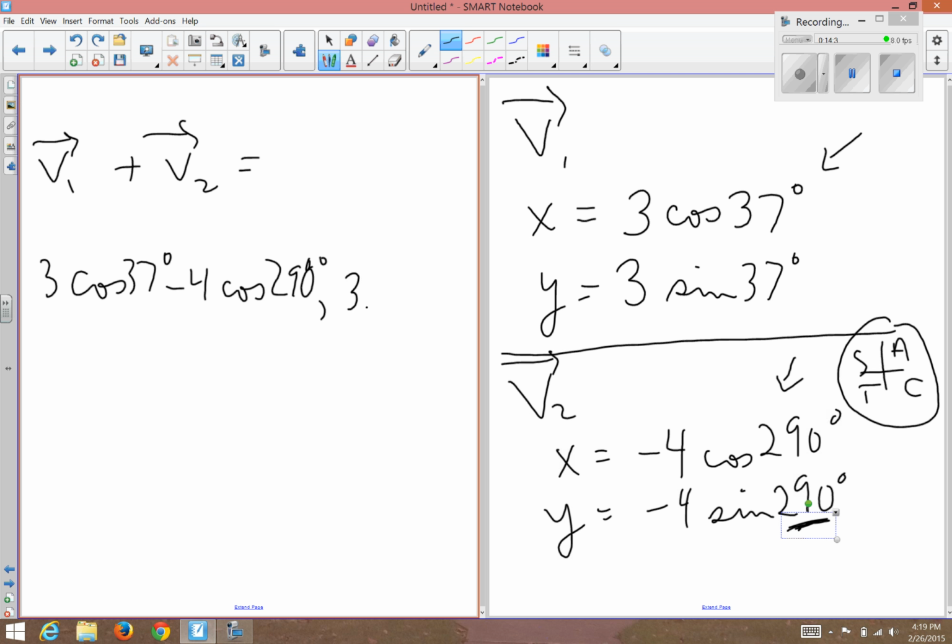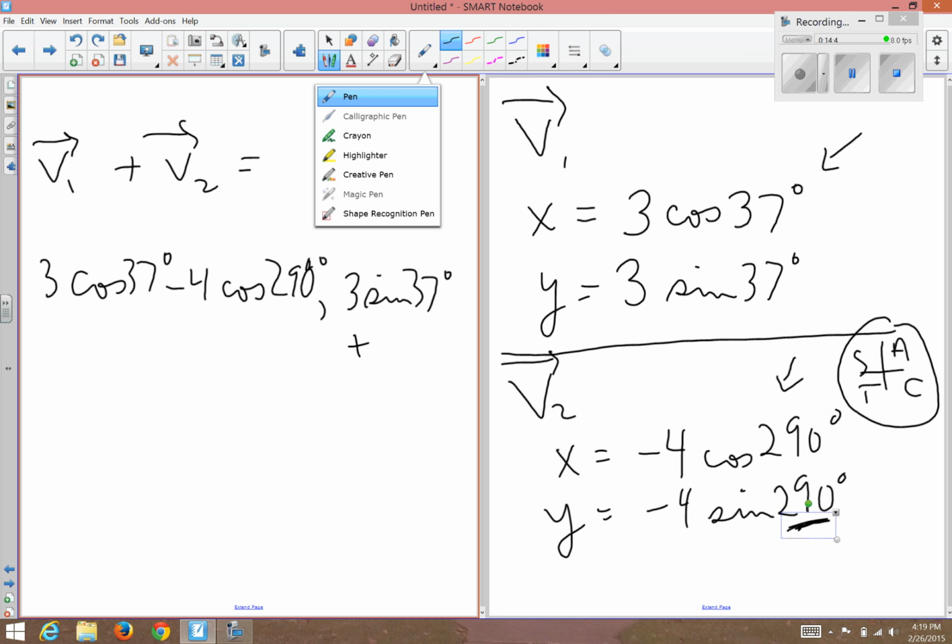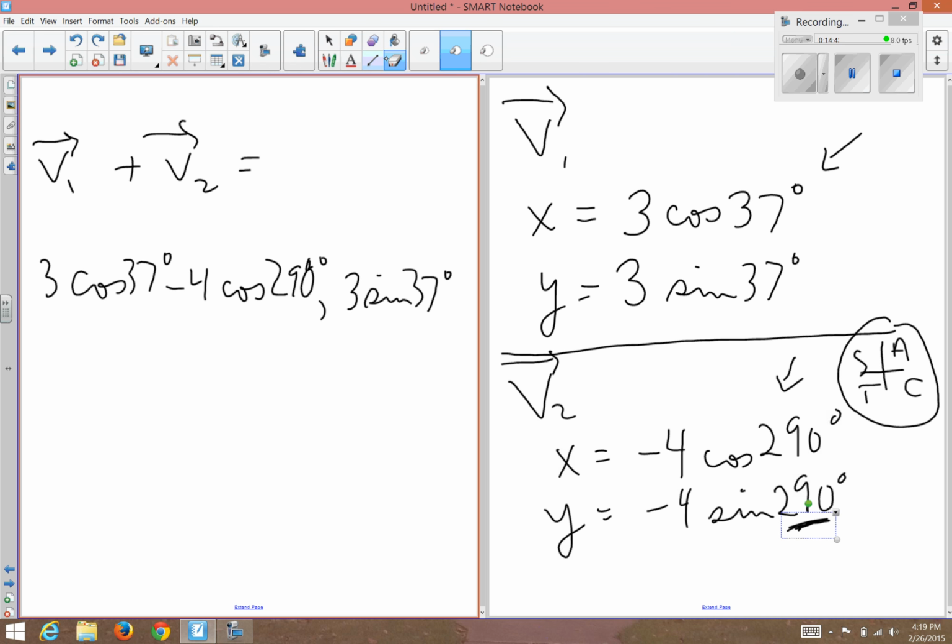So 3 sine 37 degrees plus, the negative, so I'm going to erase the plus sign, 3 sine 37 plus -4 sine 290 degrees.